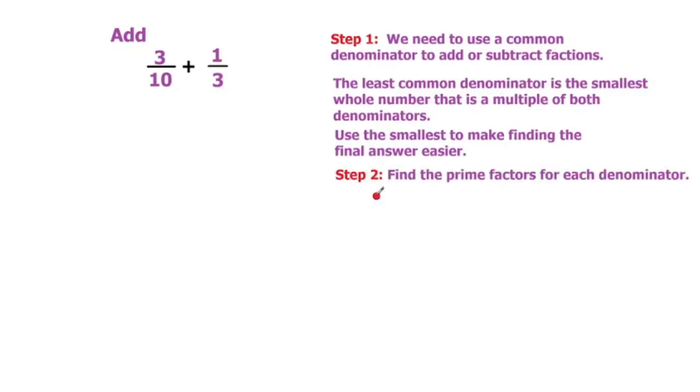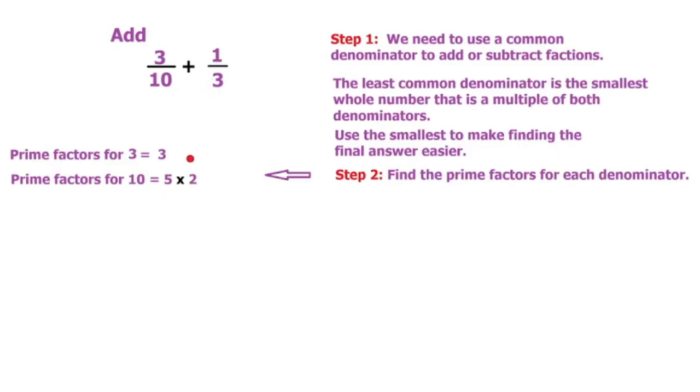So step 2, we find the prime factors for each denominator. So let's look at what that means. The prime factors for 3 equals 3. So the prime factor just means you break down this number into the smallest that it could be, either 1 or 3.